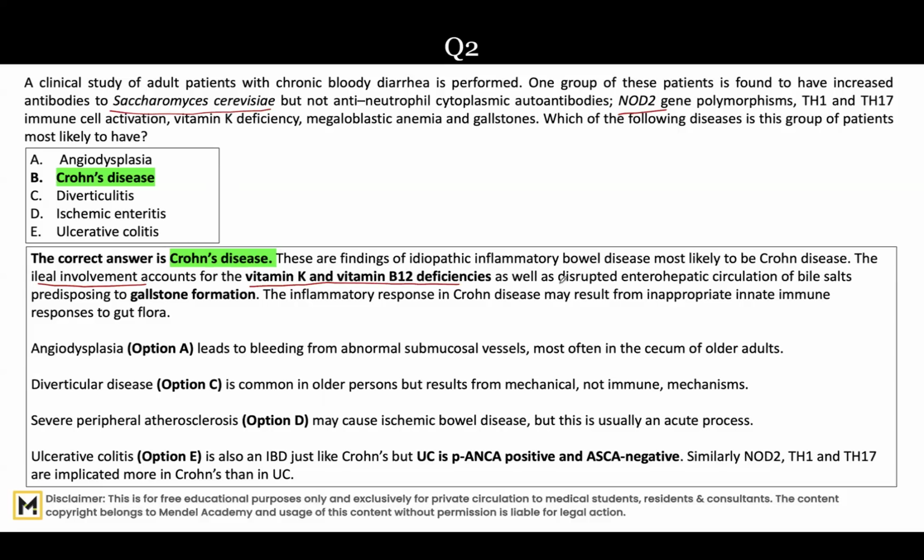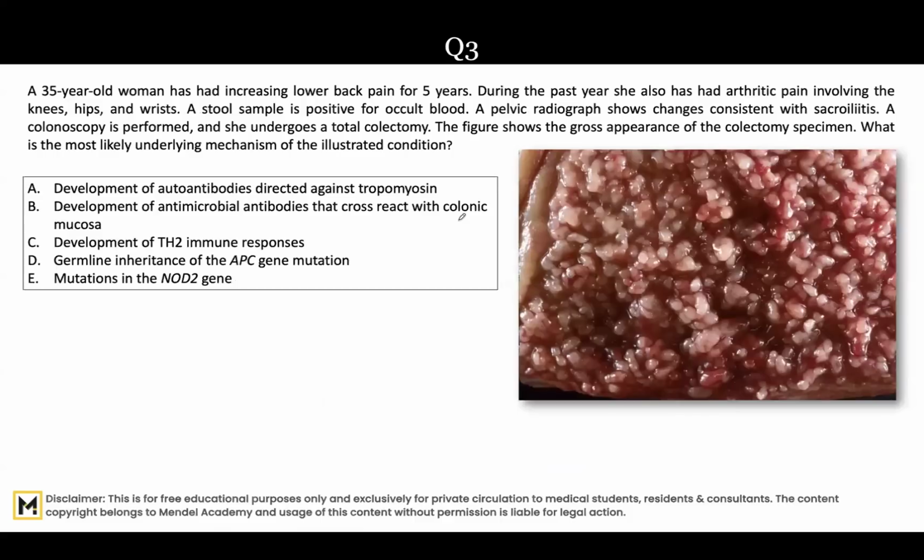And again, there is disrupted enterohepatic circulation of bile salts, so you get gallstones. The other options are useless except for UC, which is exactly the opposite, which is P-ANCA positive, but it is negative for Saccharomyces cerevisiae, and also similarly, NOD2 is absent. So that was question 1.